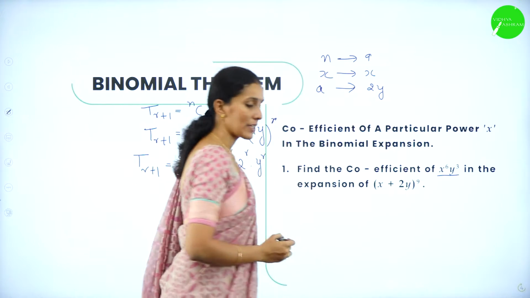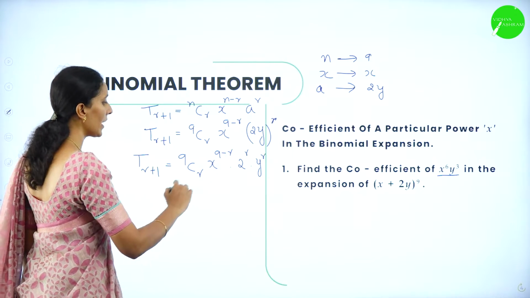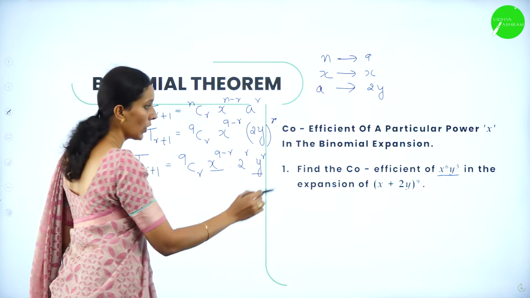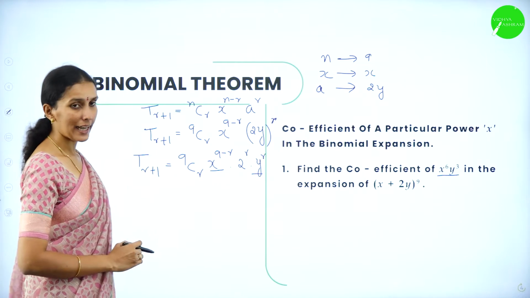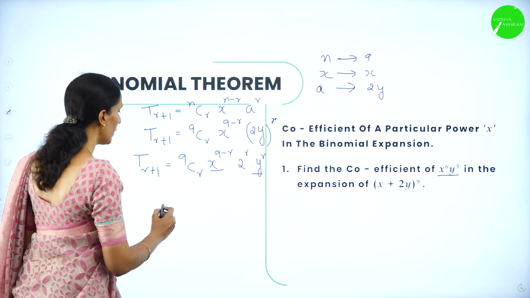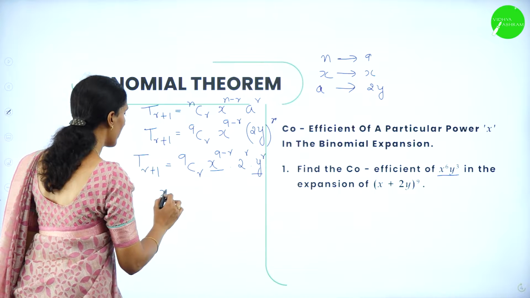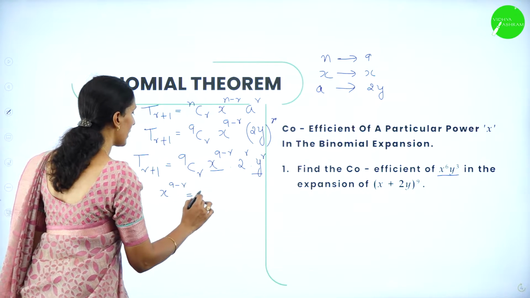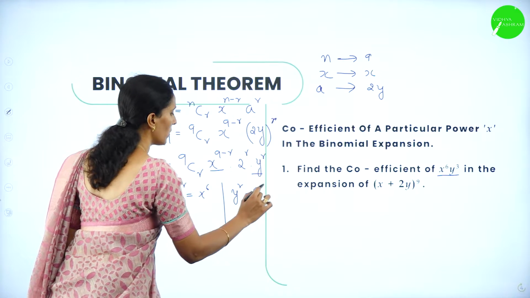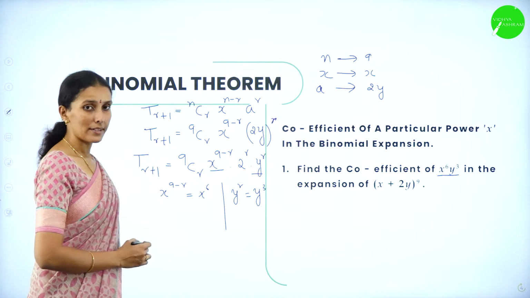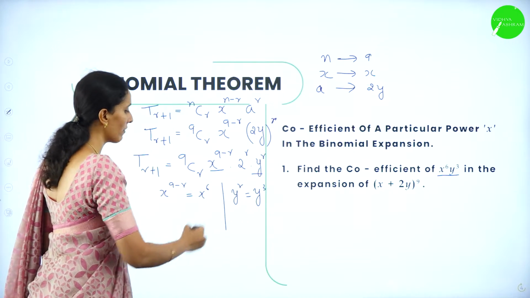Now they have given the term containing x power 6 y cube. Just compare the index of x and y with x power 6 and y cube. So when you compare x power 9 minus r with x power 6, and y power r with y cube, compare it separately, x with x and y with y.